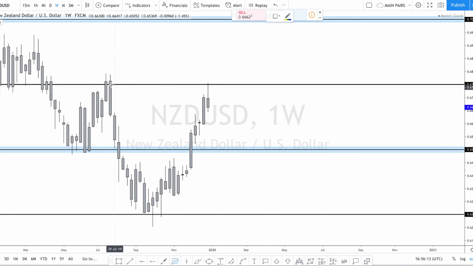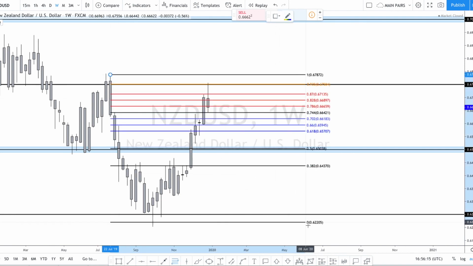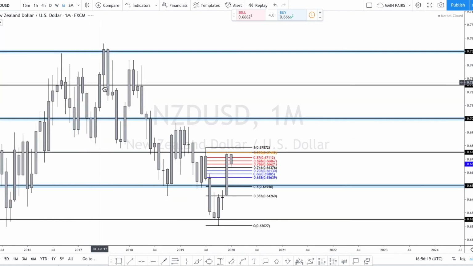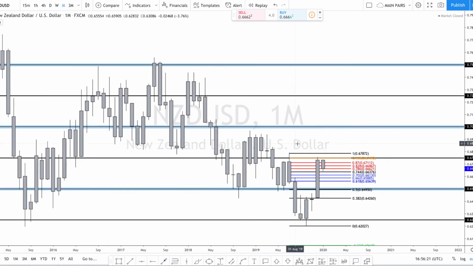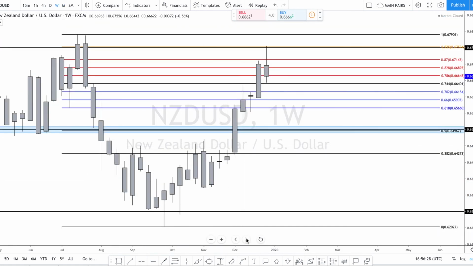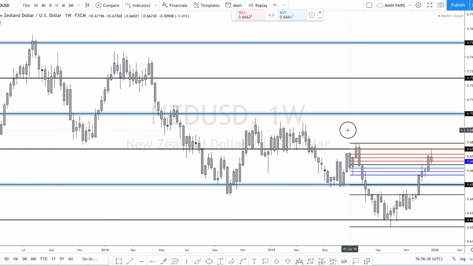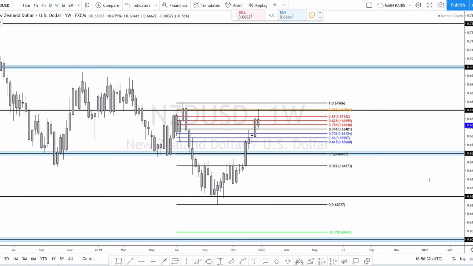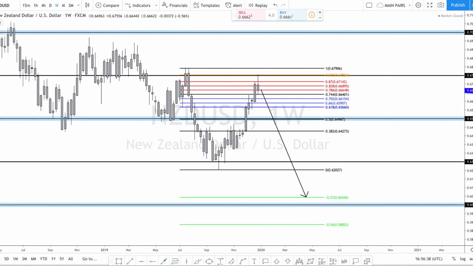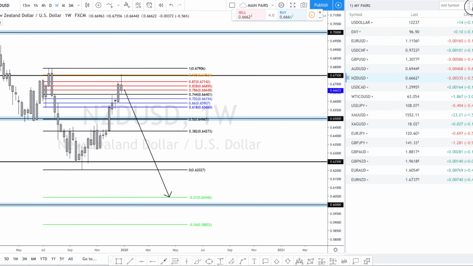When we look at this, we see New Zealand dollar approaching 0.675, and right now it looks like we're going to enter a risk off environment. If we're entering a risk off environment, we're going to be selling New Zealand and buying the dollar, which means we're going to see New Zealand dollar decrease as the risk aversion continues to pick up.